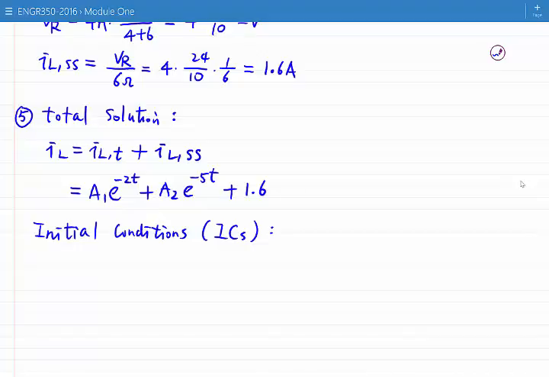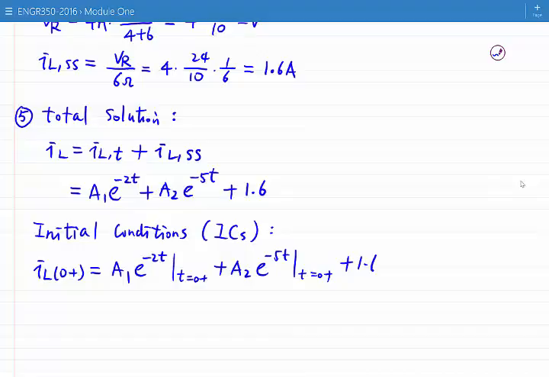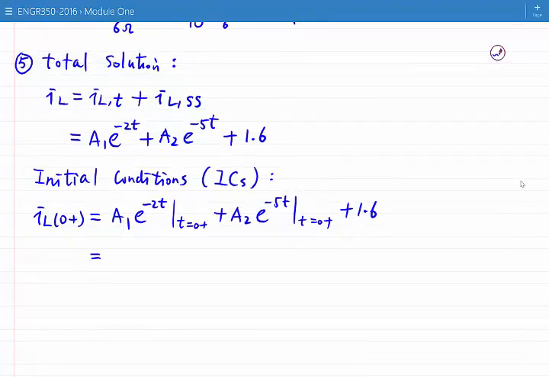If this solution is the time domain response when t is larger than 0, then IL(0+), if I substitute t with 0 plus, should give me the current response at post 0 time.